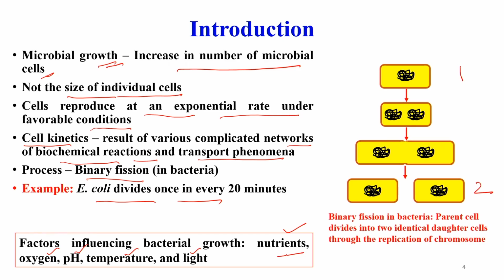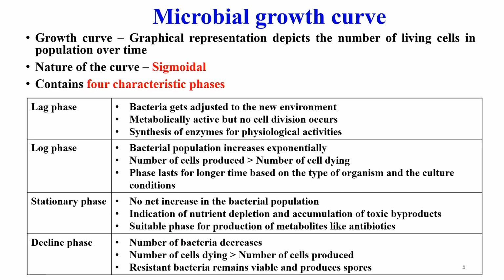So, what is the carbon source, whether process is aerobic or anaerobic, what is the pH, whether cell can survive at that particular pH or not, what is the temperature, whether it is lower than optimal temperature, higher than optimal temperature, and whether it requires the light intensity, whether this is a phototroph or heterotroph.